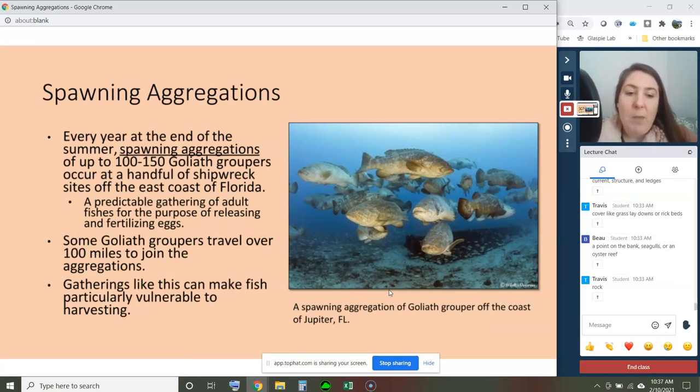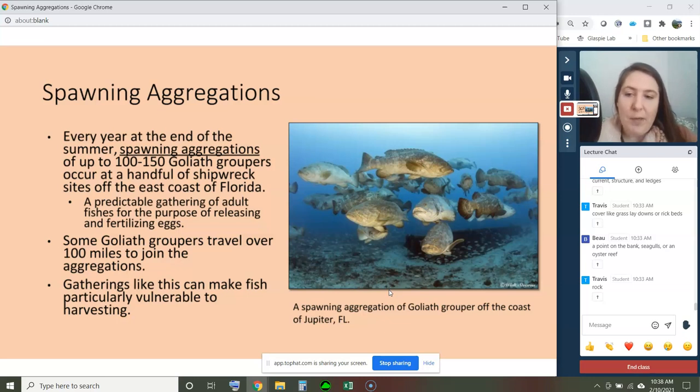So let's talk a little bit more about those spawning aggregations. Every year at the end of the summer, one great example of a spawning aggregation are the Goliath groupers. Groups of 100 to 150 Goliath groupers, which are huge fish, occur at a handful of shipwreck sites off the east coast of Florida.